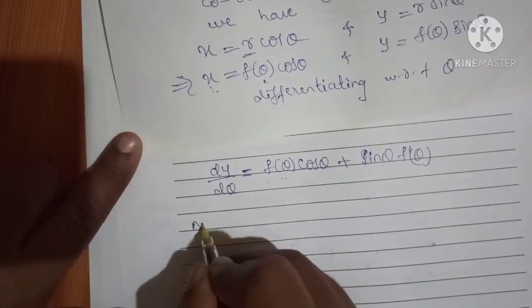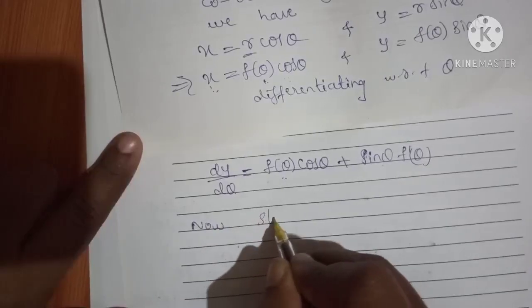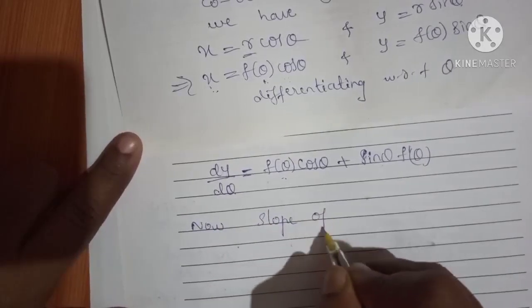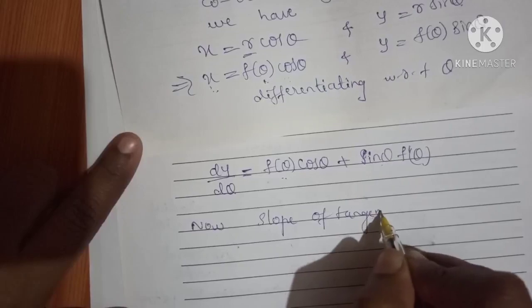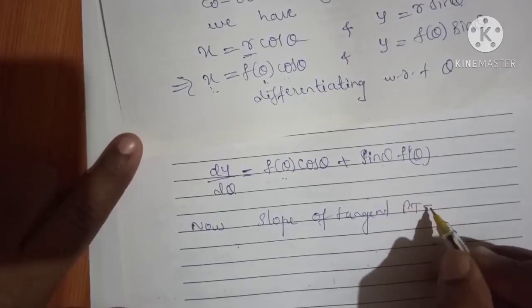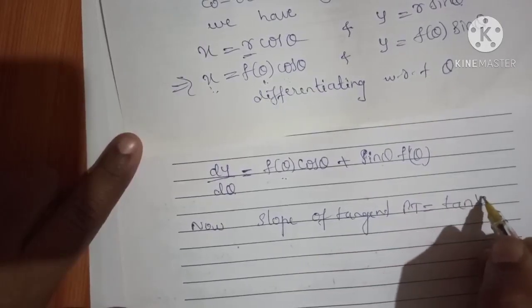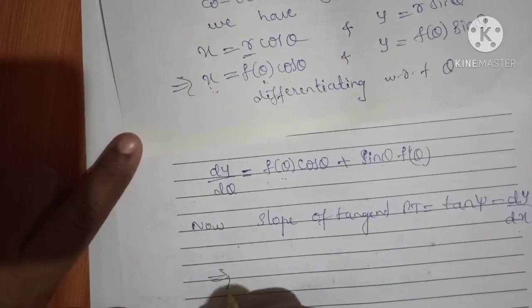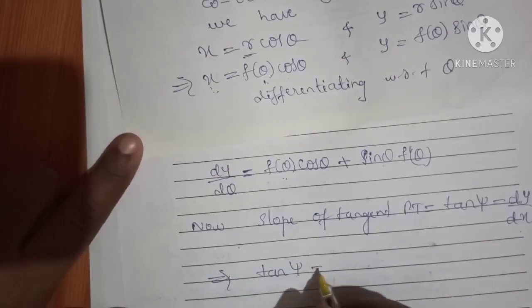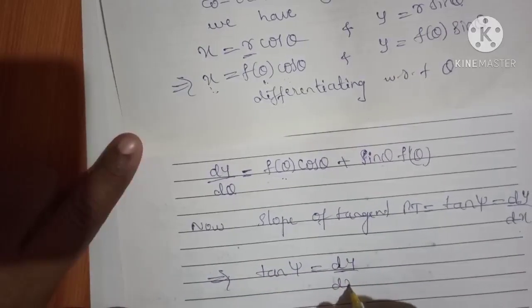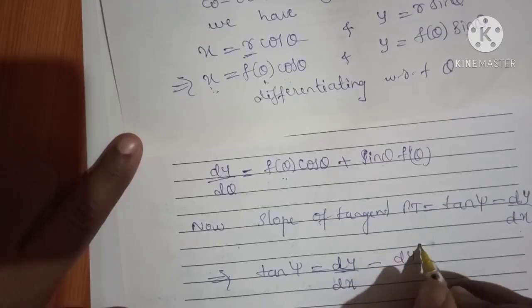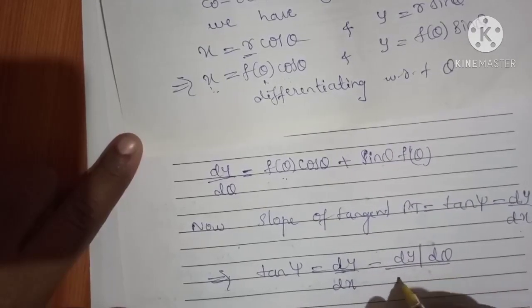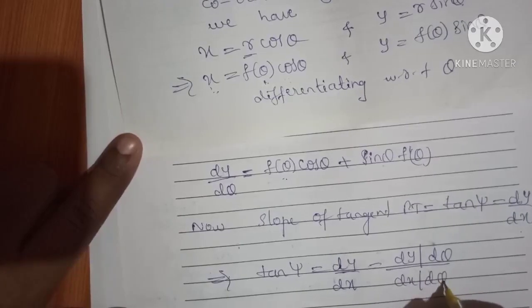Next, now we know that the slope of the tangent PT is given by tan psi, which is dy by dx. That is, tan psi equals dy by dx. Now this dy by dx can be written as dy by d theta divided by dx by d theta.